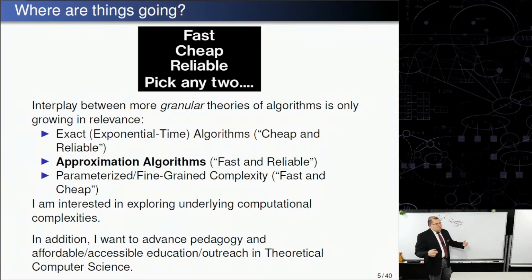So when it comes to my interest, I'm generally interested in the interplay between granular theories of algorithms. There's kind of three worlds for which you can interpret complexity when it comes to solving problems. The first one, which most computer scientists and many practitioners are familiar with, is the exact computational world.